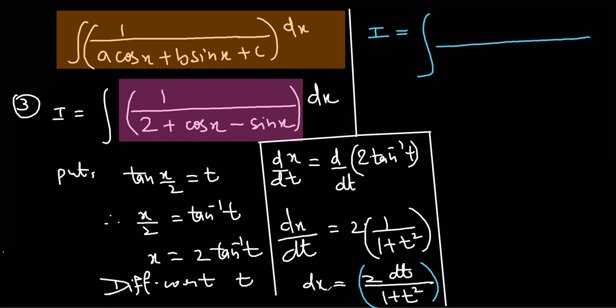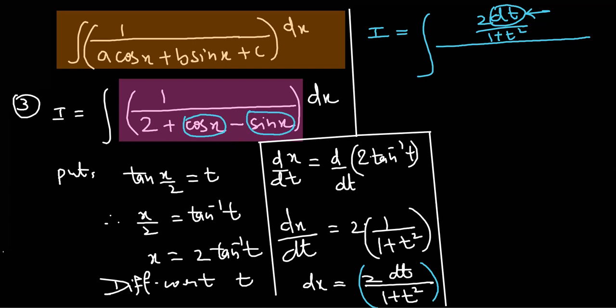Remember, students, when you write 2 dt upon 1 plus t square for dx, you are taking the differential as dt now. Once you get dt, then inside the integral you cannot have anything in x. That means even cos x has to be written in terms of t, and sin x also has to be written in terms of t.